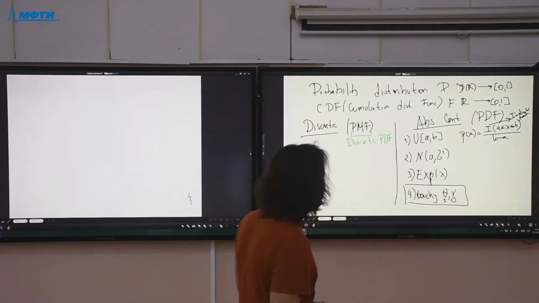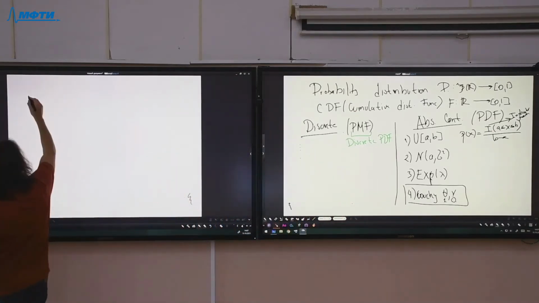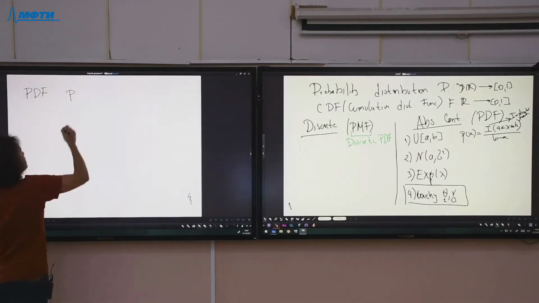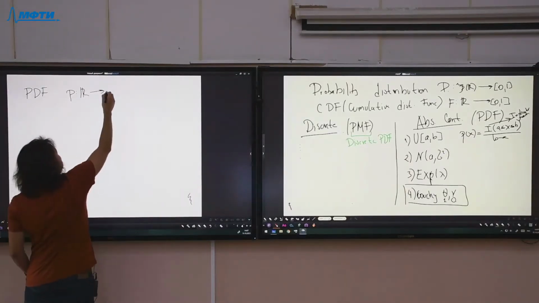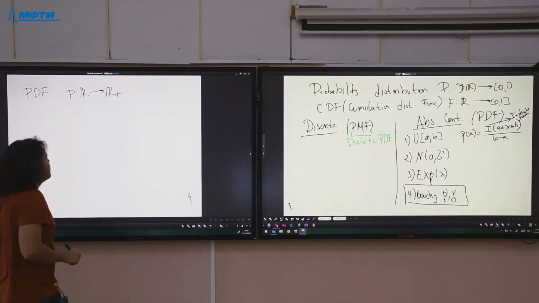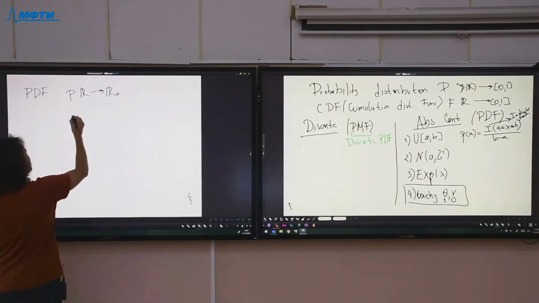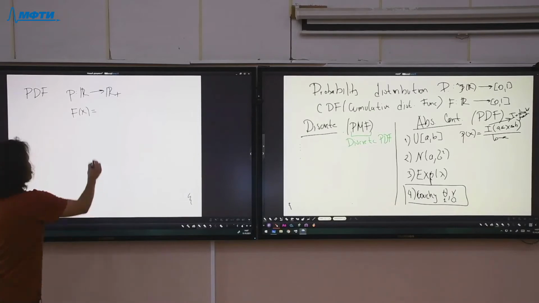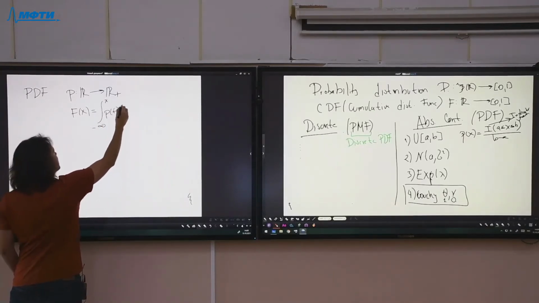Somehow. So because what is a PDF, right? So let me go back to that. What is a PDF? A PDF is a function defined on the real numbers to the set of the positive real numbers, right? And such that we can find the CDF of a distribution as the integral from minus infinity to x of p of t dt, right?